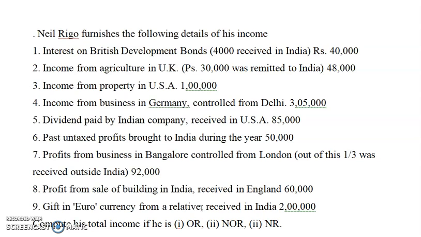So this 2 lakh is exempt from tax. In all the three columns we will write it as exempt. So here if it is received in India or foreign country, it is exempt from tax.